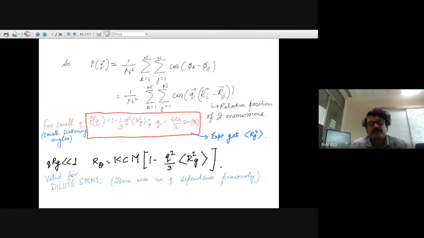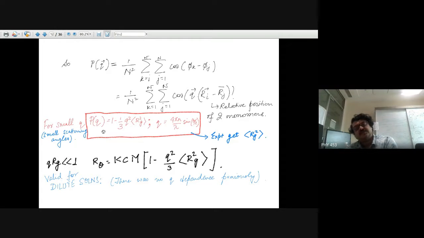So what happens is, if you can experimentally measure PQ, which is the ratio of the intensity at an angle theta at a certain value of Q, then that is related as you change Q, right?